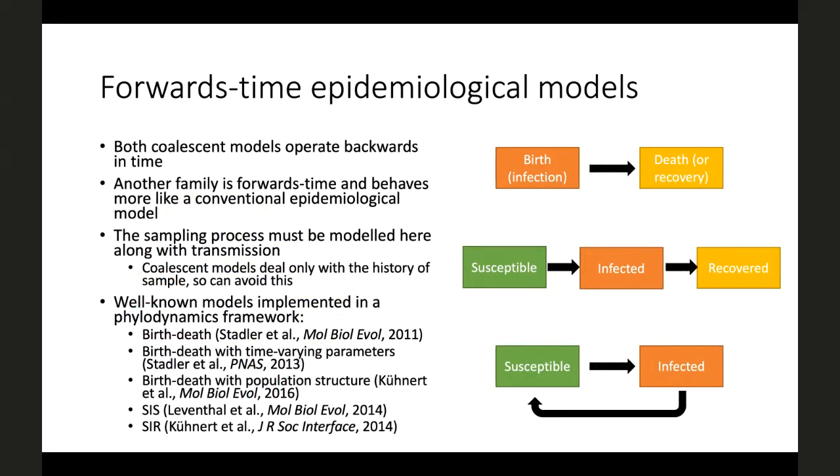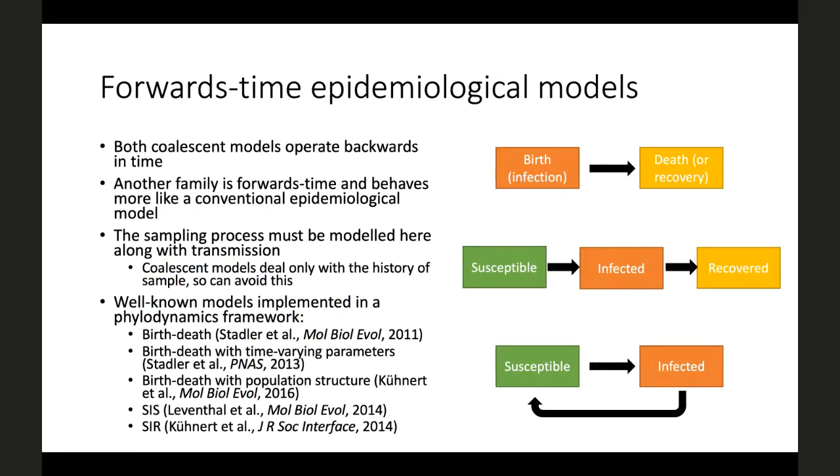Coalescent models are really reconstructing the history of a sample, so they don't necessarily have to think about the sampling process, whereas in this case you have to have some idea of the probability that a pathogen got into your sample. The sampling has to be modeled, and that's in a way one of the main things that had to be added when adapting the classic infectious disease transmission models to phylogenetics.